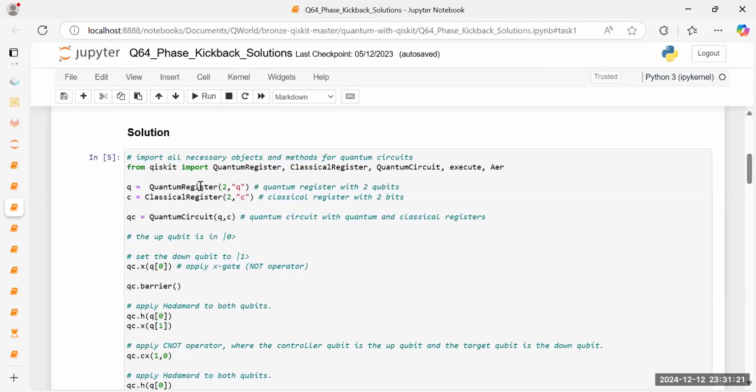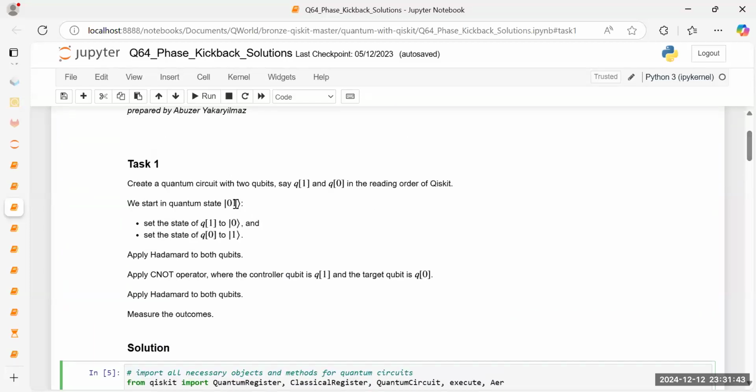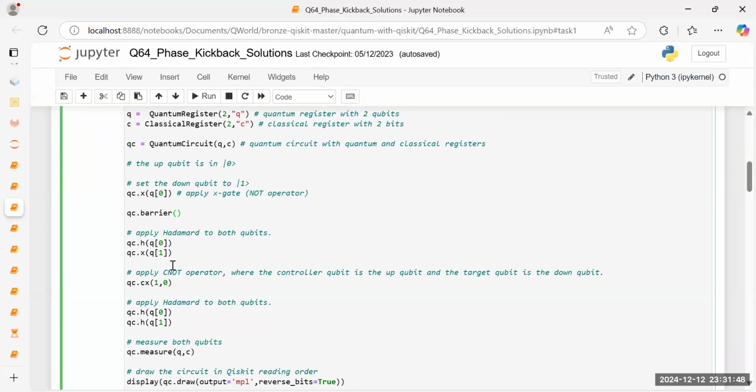So we have our quantum register here with 2 qubits and our classical register with 2 bits, and we introduce them to our quantum circuit. So we apply an X gate to the qubit at location 0 because we want to have the state 0, 1. Then we move on to applying Hadamard gates to both of our qubits.